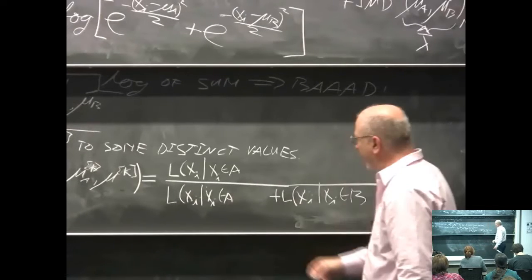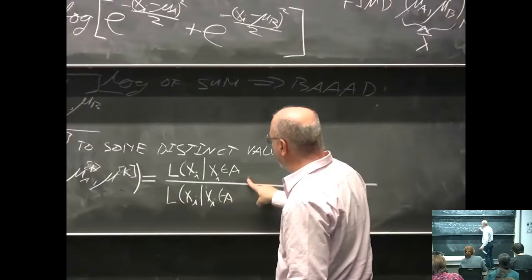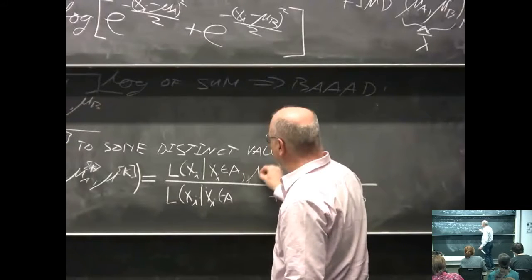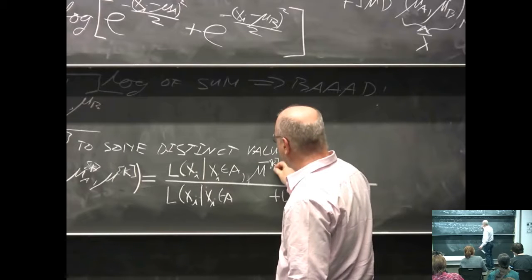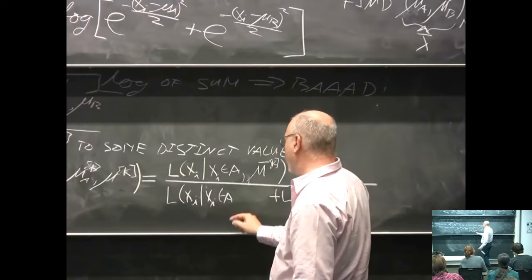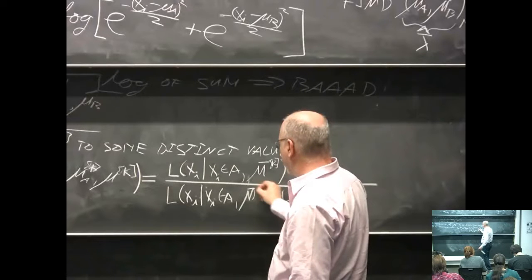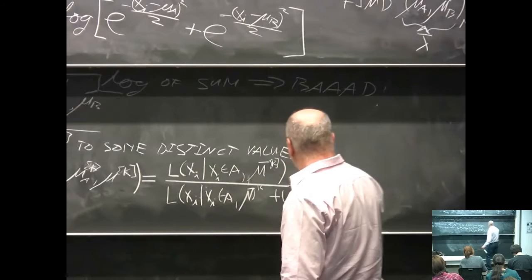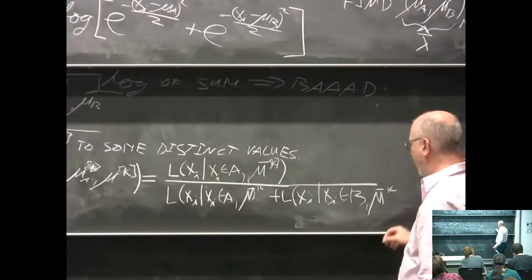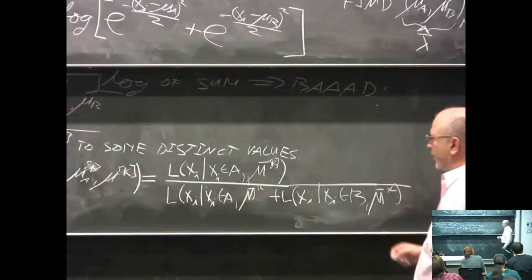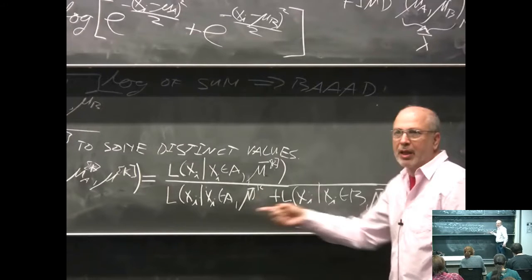Now, why did I leave it open? Because everything here is conditioned on the current values of mu A and mu B, which I will call mu bar K. So I have to put it here too. Mu bar K and mu bar K. So this mu bar K is with me everywhere.